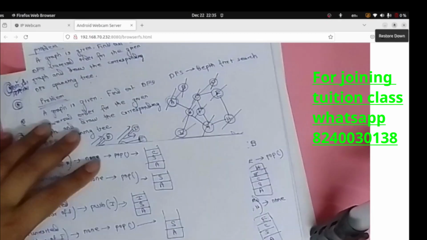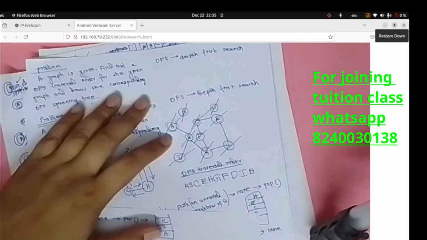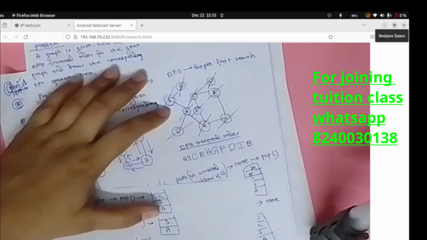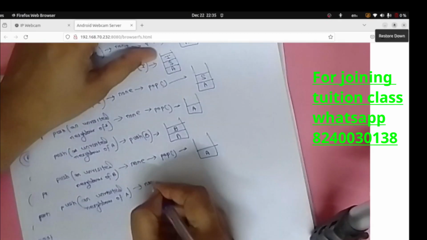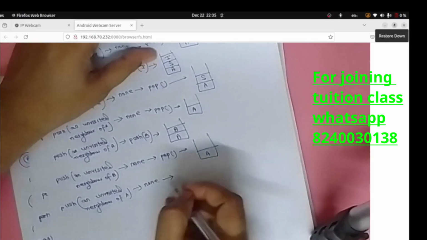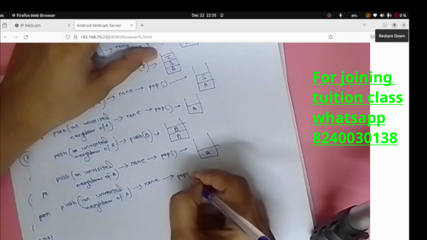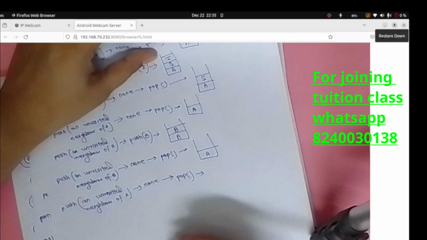In A, there is no such unvisited neighbor. So what will we do? We will do the pop operation, and the topmost element of the stack will be removed. Now the stack becomes empty.